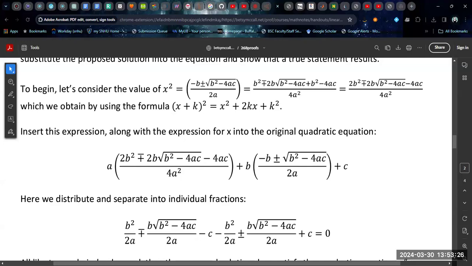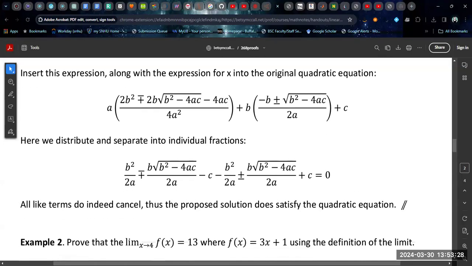And so what I want to do at this point then is try to simplify, separate these into separate fractions, and then start doing my operations. So here I took out a 2 and canceled with my 4 to make that a 2. And then this a canceled one of these a's.